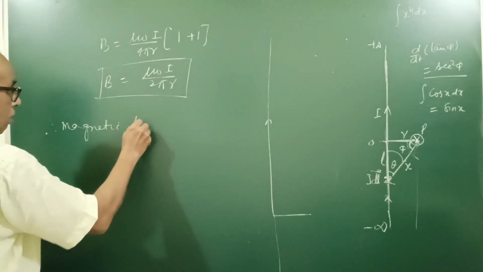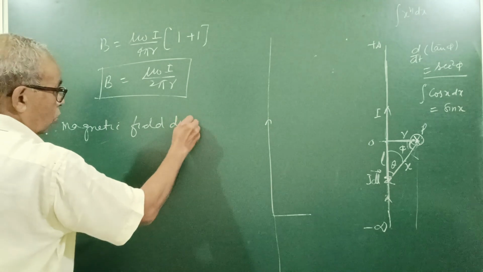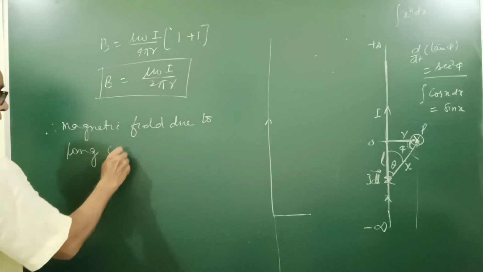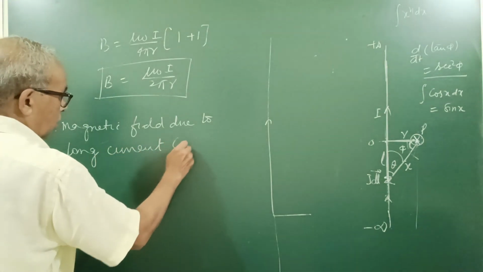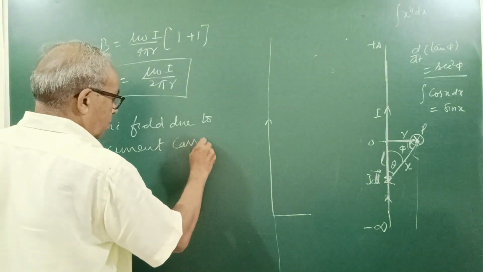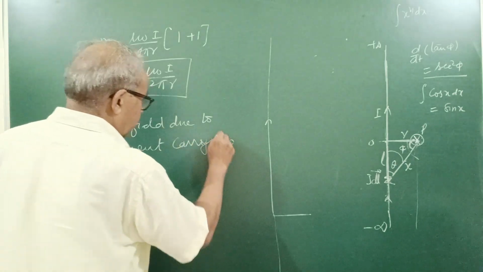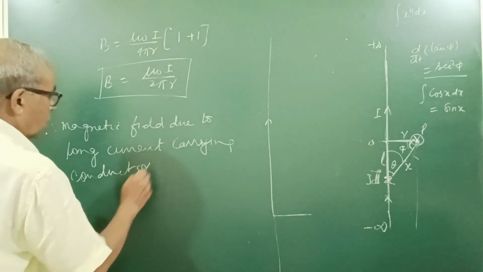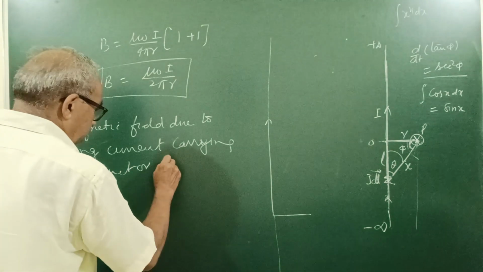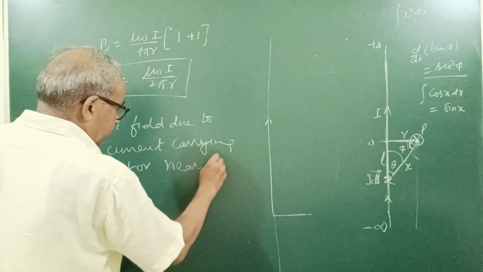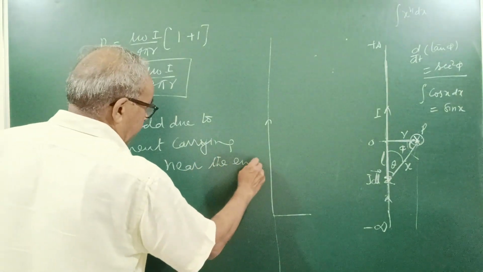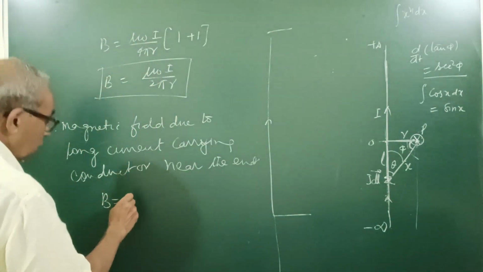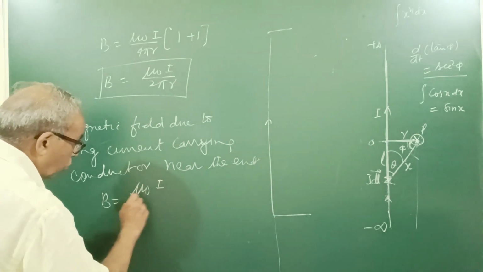So therefore, magnetic field due to a long current carrying conductor near the end point, near the ends, क्योंकि एंड यहाँ भी है, that B equal to half of this. That will be mu 0 I upon 4 pi r.